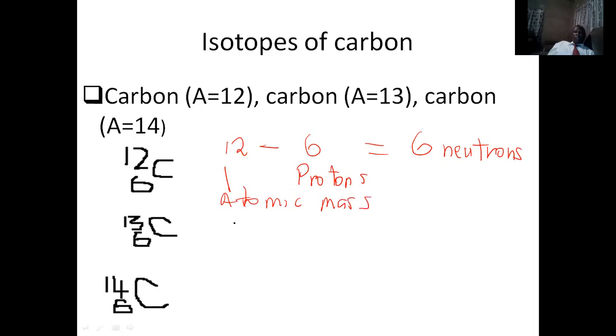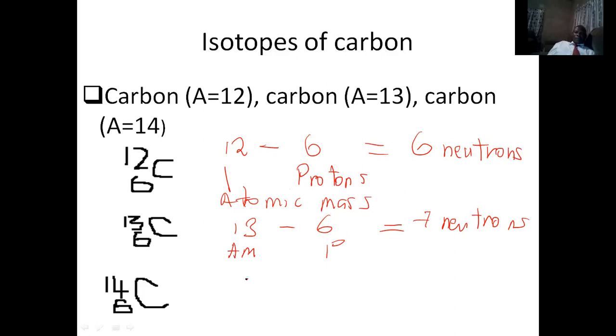Similarly, for this one, it will be 18 minus 6, which will definitely be 7 neutrons. And these are the protons, and this is the atomic mass.